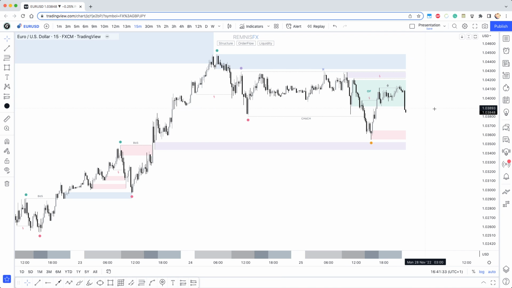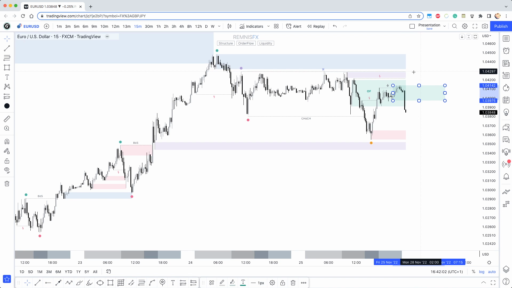Okay, and you can also do the same thing here. If you would look at it order flow wise, look at this area, right? Again, the most recent or last push by the buyers, and then price broke out to the downside.